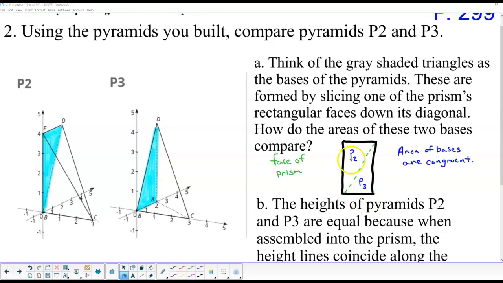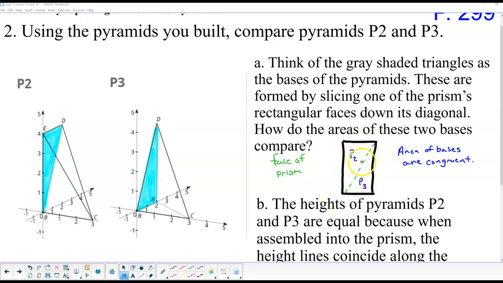So let's take a look at part A. If we had our original prism, the original solid made up of all three pyramids, the two blue shaded faces are actually one of the rectangular faces of the prism. Well, what we did was we divided that right down the middle.